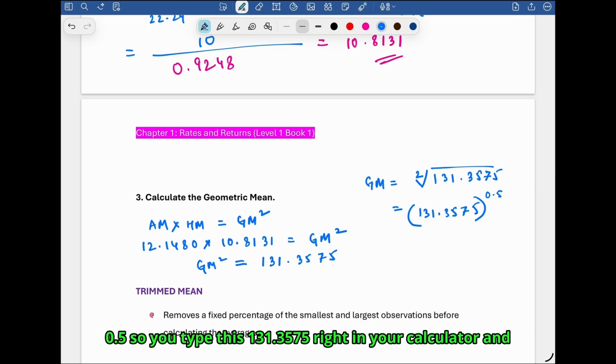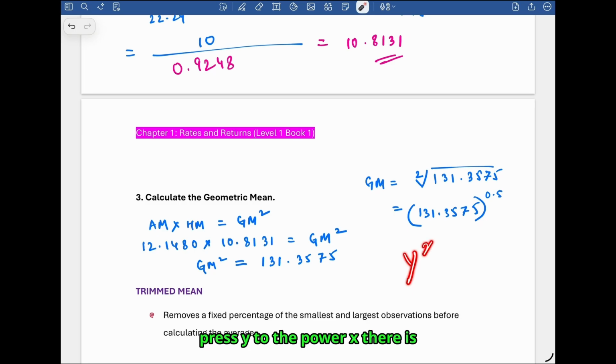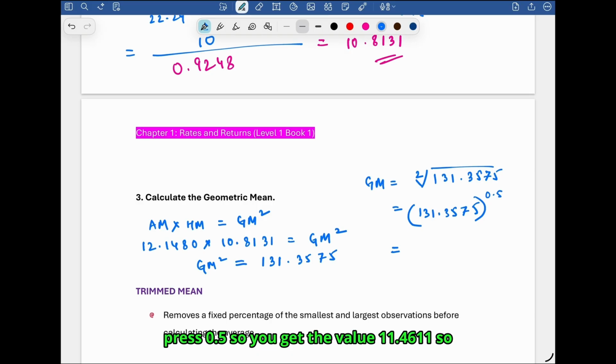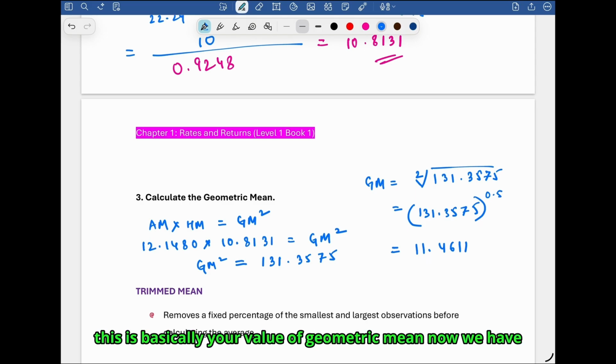So you type 131.3575 in your calculator, and press y to the power x. There's this button. After you press it, just press 0.5. So we get the value 11.4611. So this is basically your value of geometric mean.